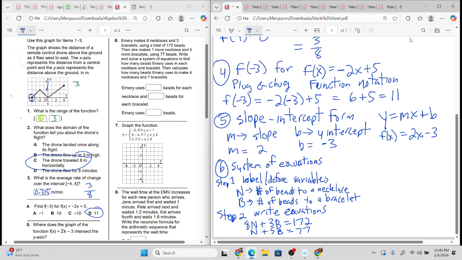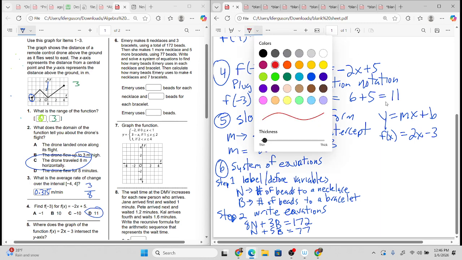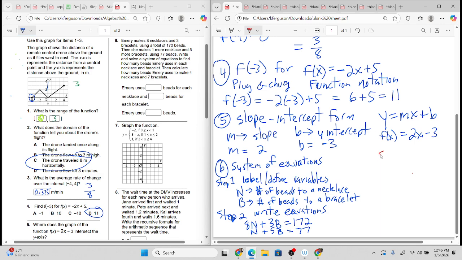If I'm going to do elimination, I'm going to take 8N plus 3B equals 172, and then I'm going to look at the second equation, N plus 5B equals 77. I need to multiply this second equation by some number. When I combine it with the top equation, my N's are going to go away. So what's the number I need to multiply by?